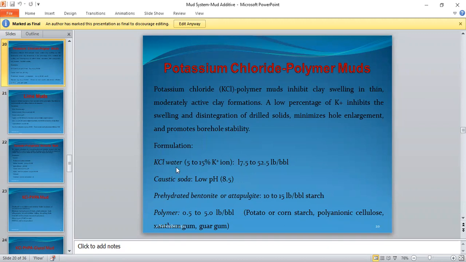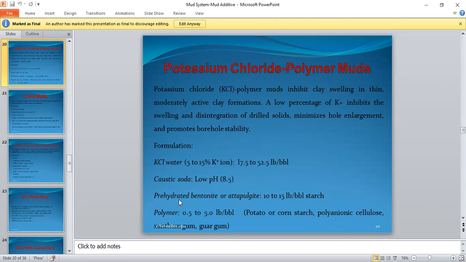Sometimes you can mix your mud and then have your potassium. Now, if you see this place potassium water and you see caustic soda for pH, you see prehydrated bentonite, that's bentonite or attapulgite that you mix already. You have already mixed it. When they mean prehydrated, it means that you have mixed it with water.